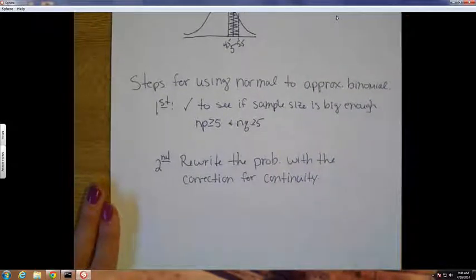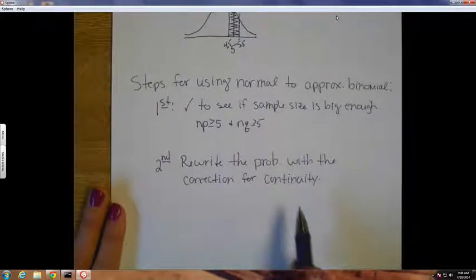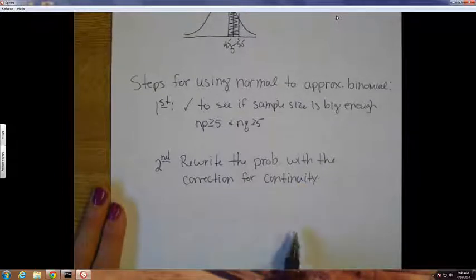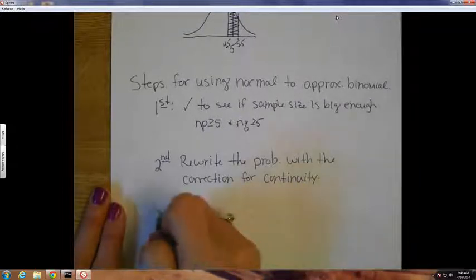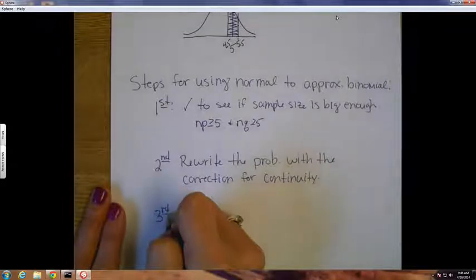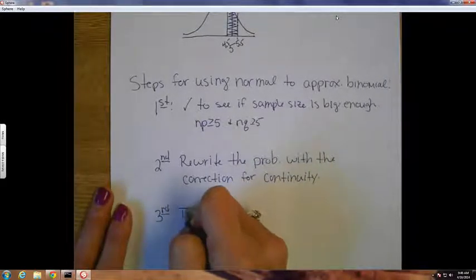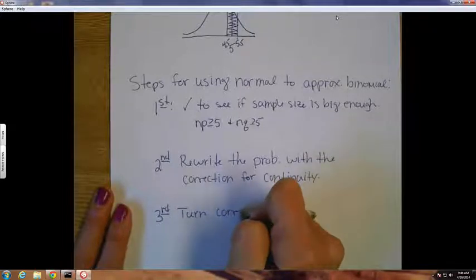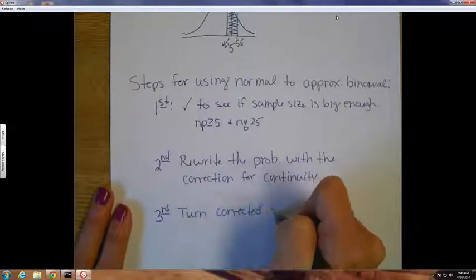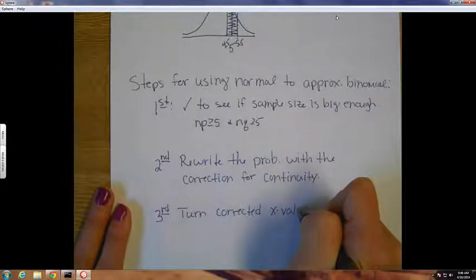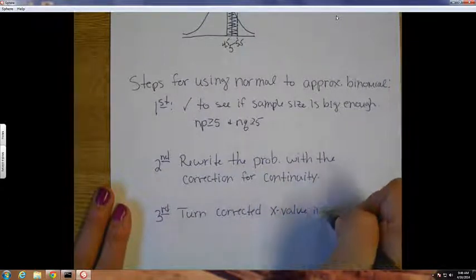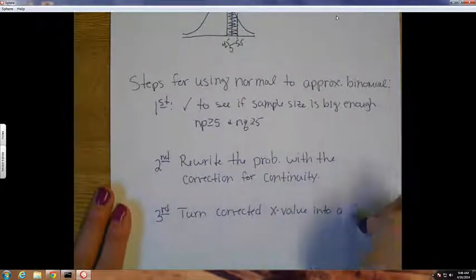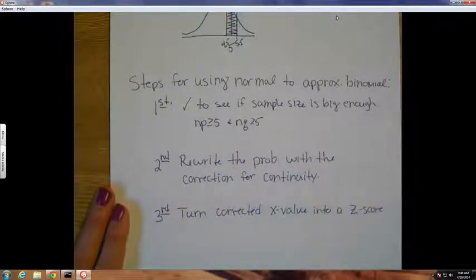Then you're right back to where we've been. You're going to take this corrected number, turn it into a z-score, and use your NCDF. Turn your corrected x value into a z-score by using that mean and standard deviation formula that I gave you earlier.